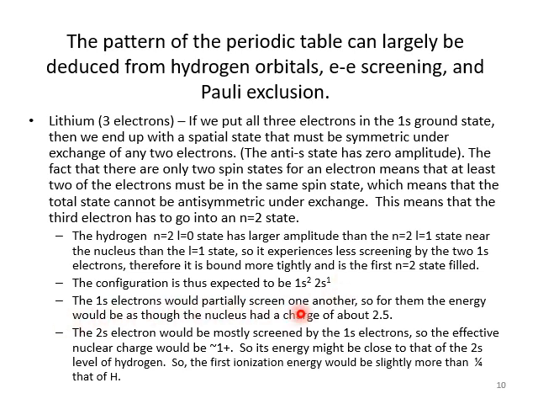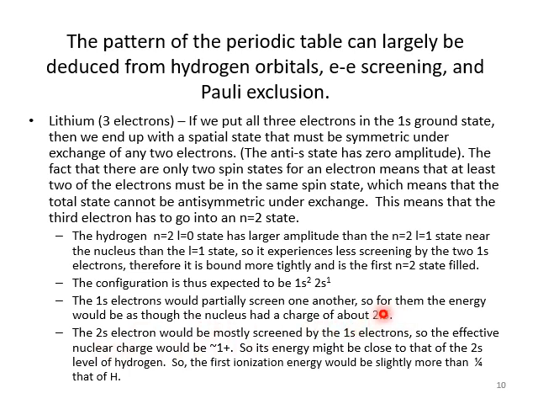We can say a little bit more. The 1s electrons would partially screen each other. For one of the 1s electrons, the other electron spends about half its time inside of its orbital, and so it would partially screen the second electron by about half an electron charge. So for these inner electrons, the effective nuclear charge that they see, instead of 3, is about 2.5.